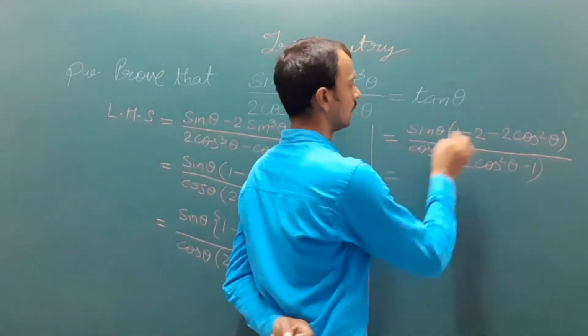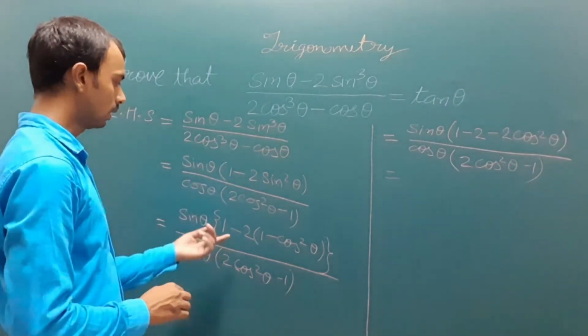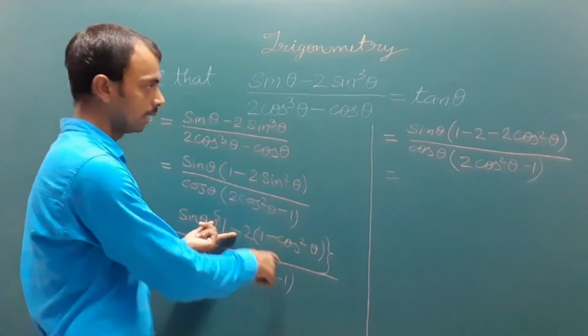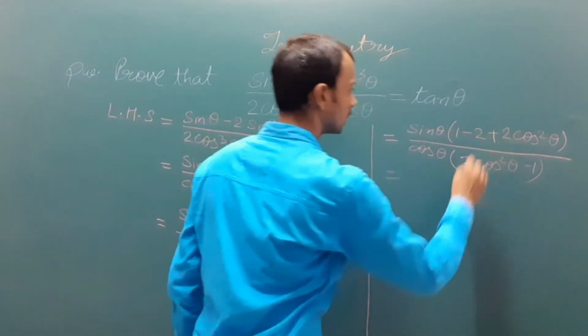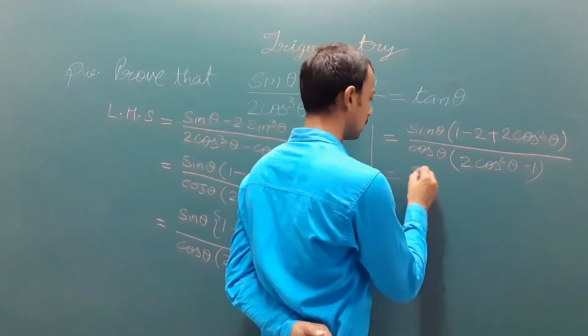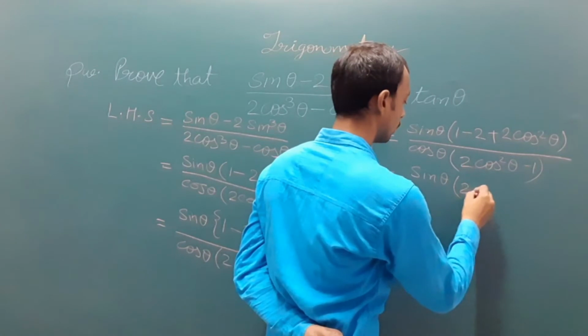Here 1 minus 2 will be minus 1, isn't it? But here it is a minus sign. So when minus is multiplied with minus, it will become plus. Okay, so I can write over here sin theta 2 cos square theta.